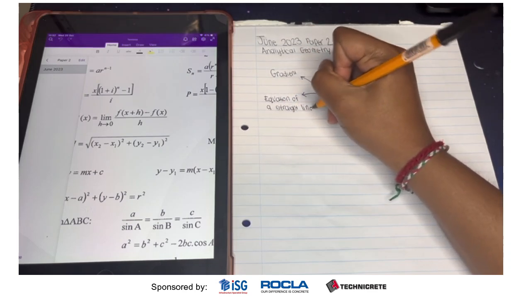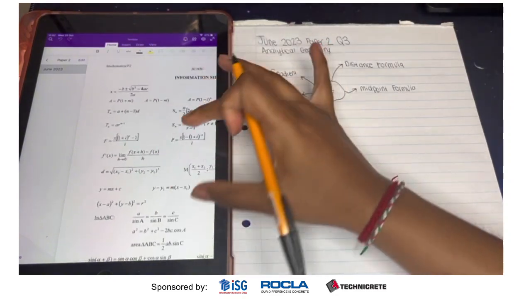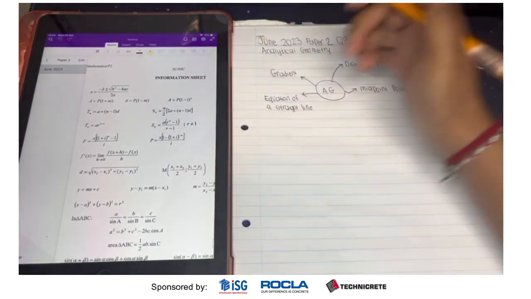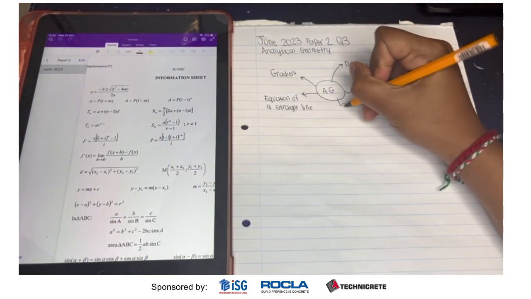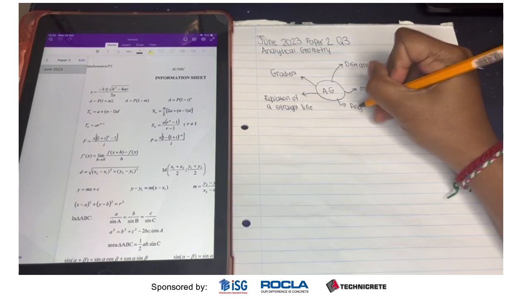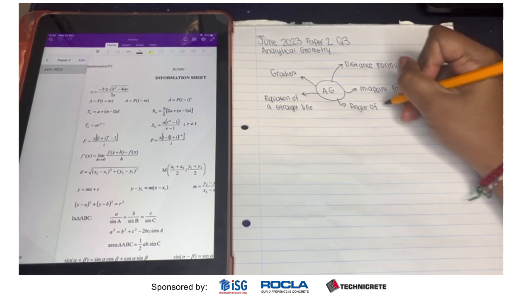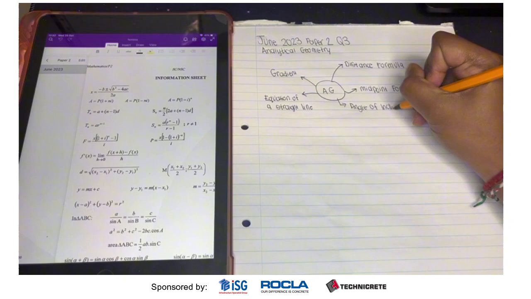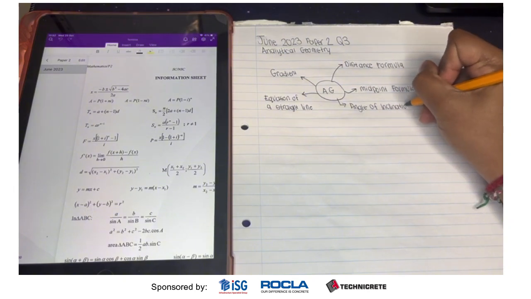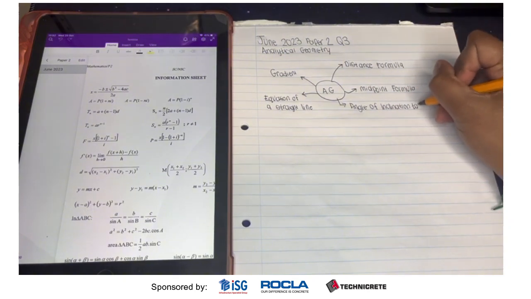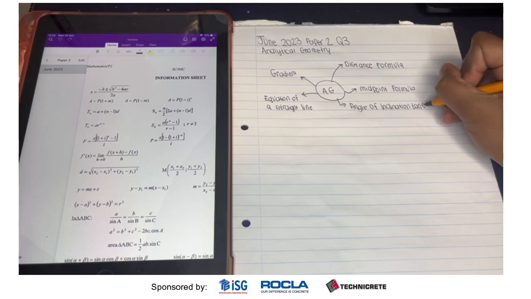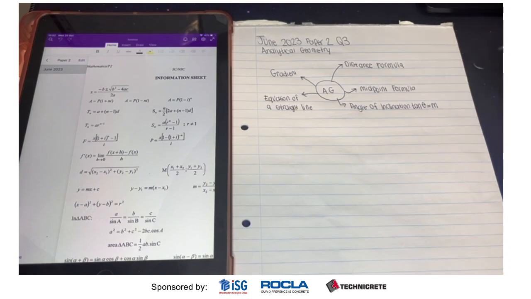And also a very important concept that is not noted here is the angle of inclination. How do you find the angle of inclination? Tan of whatever angle is being asked to calculate is equal to m, which is your gradient.